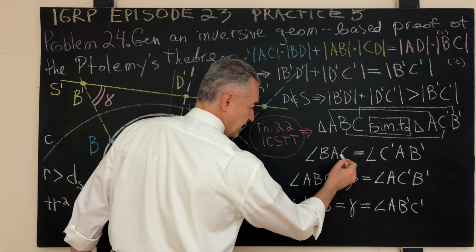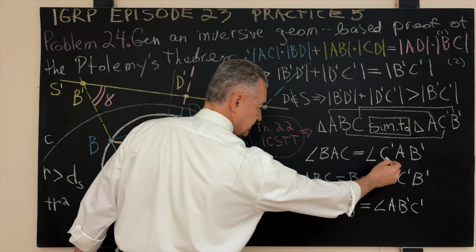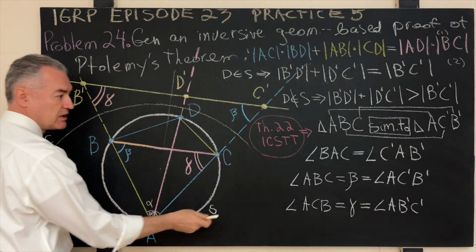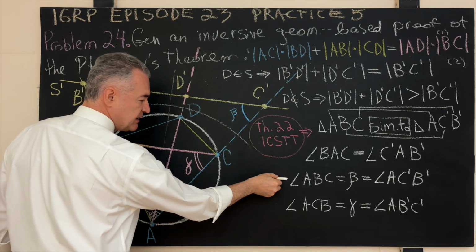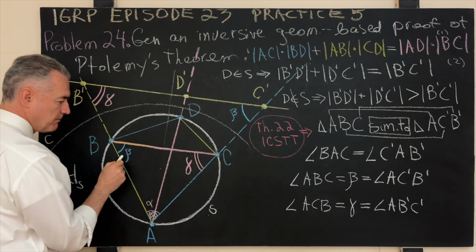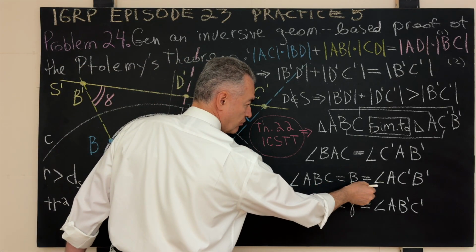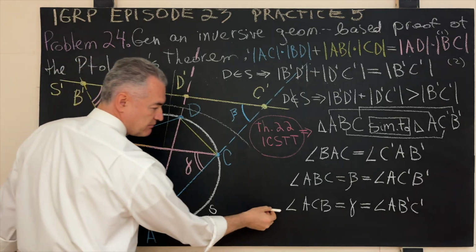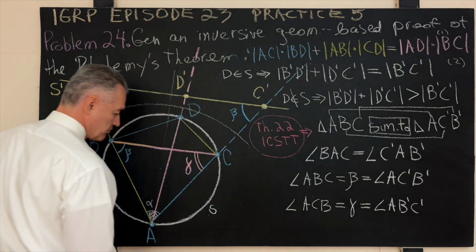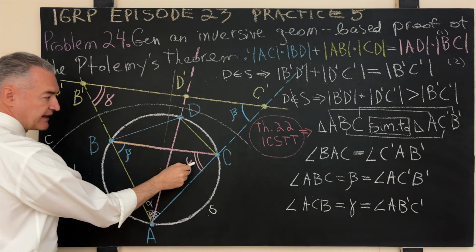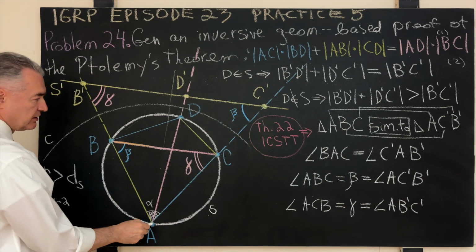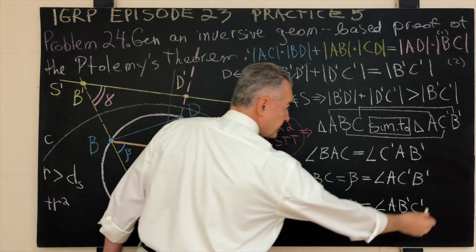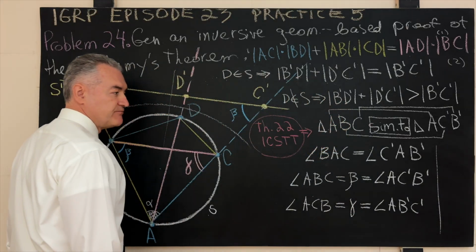So the angle BAC is equal to the magnitude of the angle C prime A B prime. Likewise, the magnitude of the angle ABC, or beta, is equal to the magnitude of the angle A C prime B prime. Lastly, the magnitude of the angle ACB is gamma, and it is equal to the magnitude of the angle A B prime C prime.